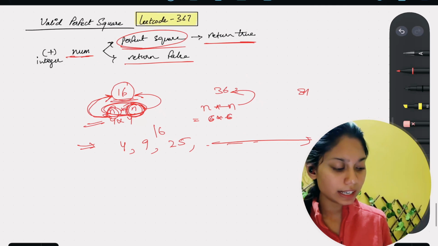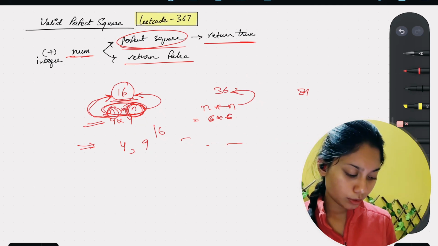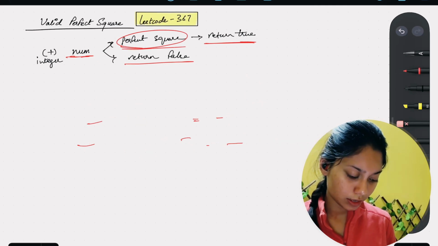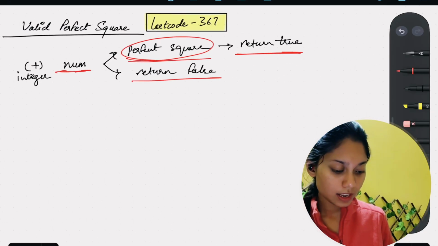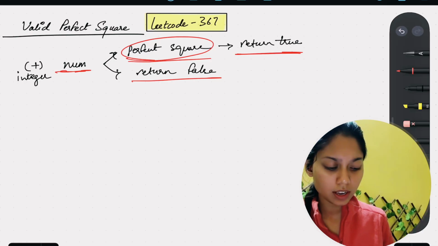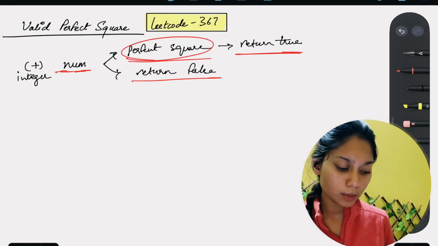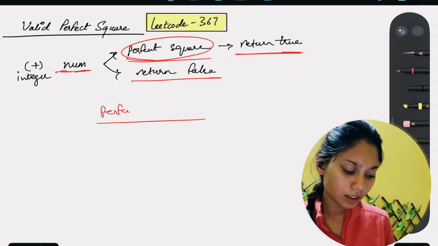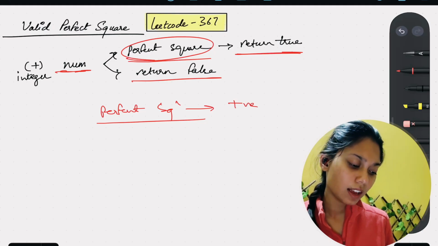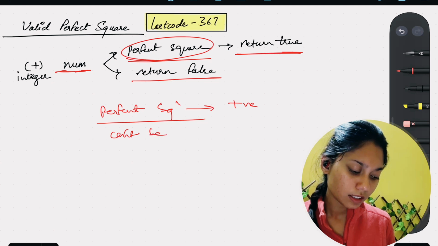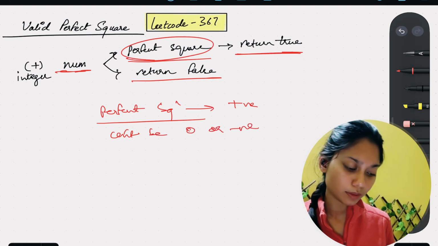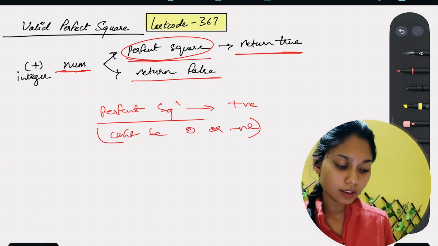So let's formulate this into a pseudocode basically. One more thing about a perfect square number is that all the perfect squares are positive. Squares are positive numbers and they cannot be 0 or negative, right?